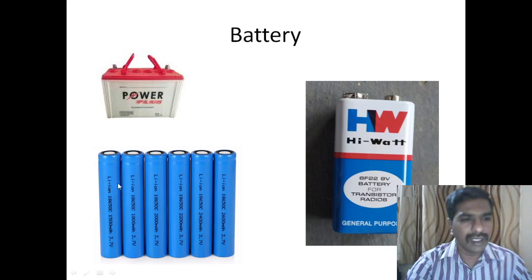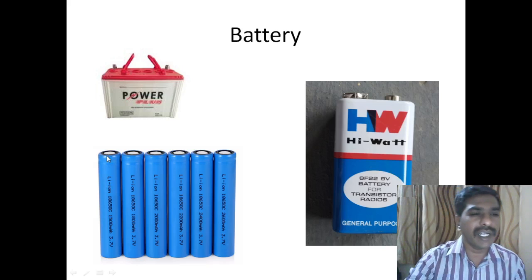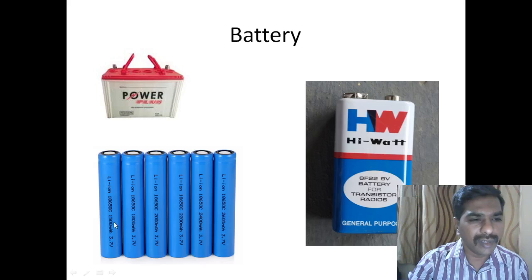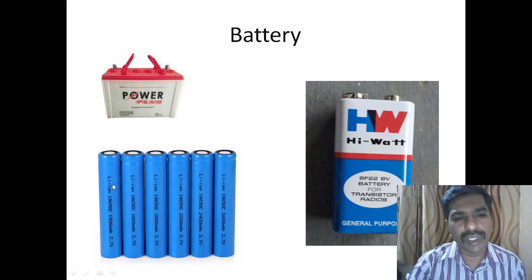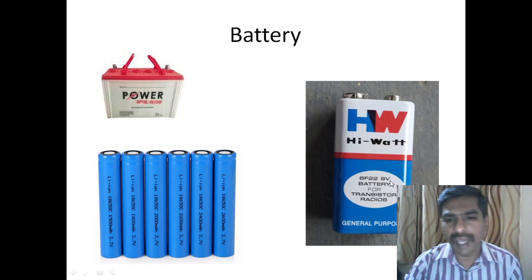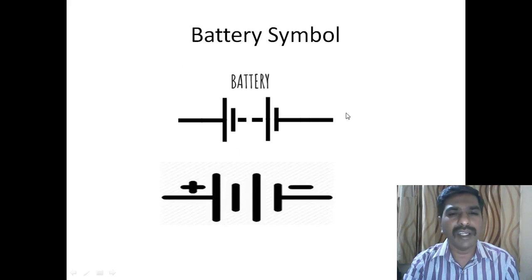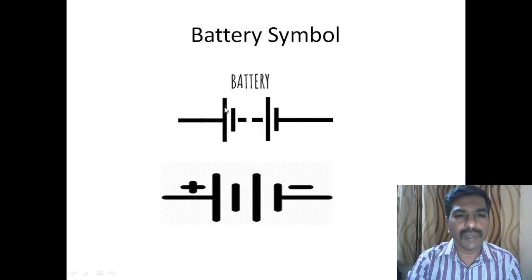There are multiple cells connected in a single battery. You can see the rating here, 1500 milliampere, 3.7 volt. These are lithium ion batteries, and you can see a 9 volt battery. This battery has multiple cells. So this is a battery, and symbolically the battery symbol is written as a collection of cells.